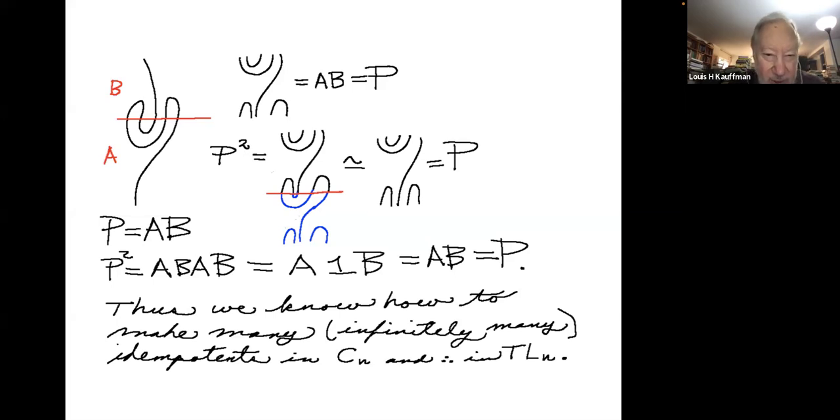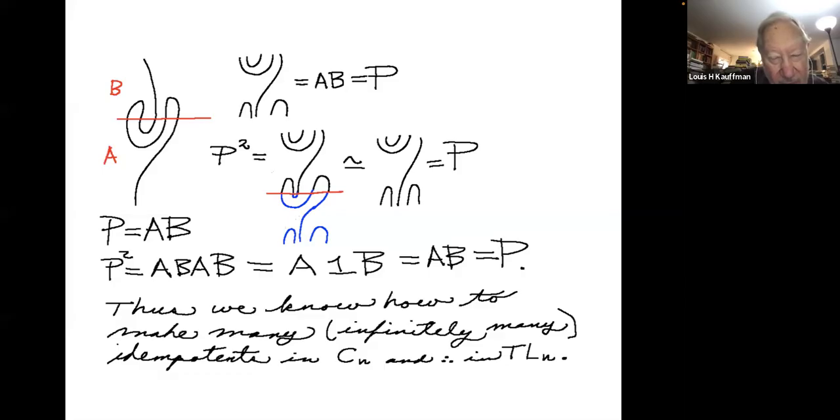So idempotents will happen in any category where there are non-trivial factorizations of the identity. And so we can look at a lot of factorizations of the identity, and therefore we can look at a lot of idempotents in the multiplicative Temperley-Lieb algebra.